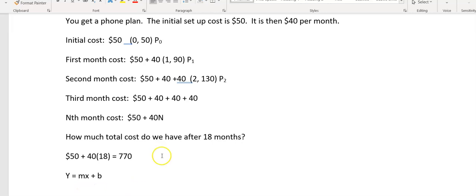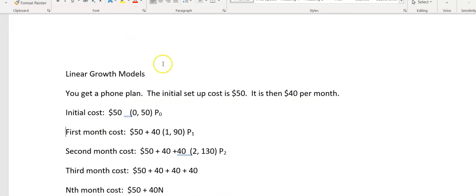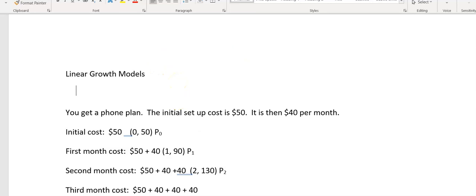Now, this definition is called recursive. And I'll write that up here. Because when we started this and we did our first month cost, we sort of used the first month cost to get the second month cost.